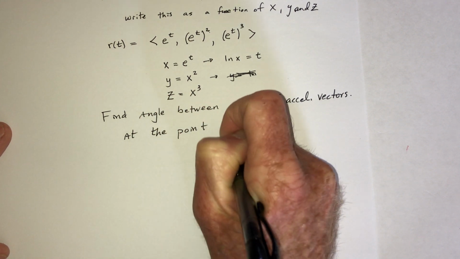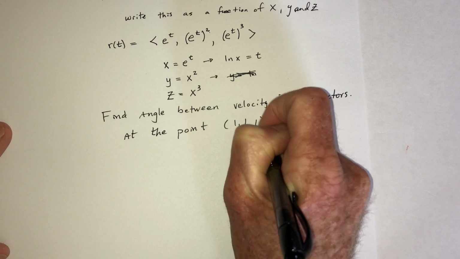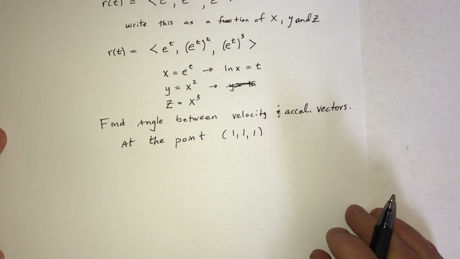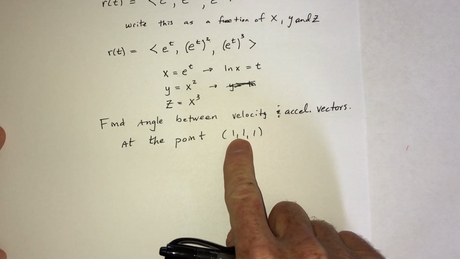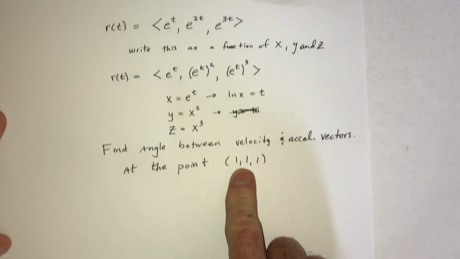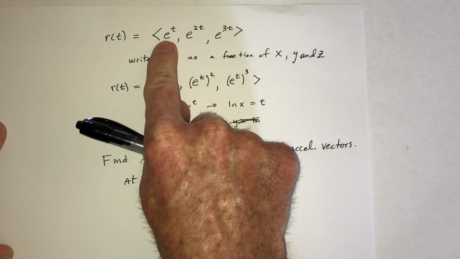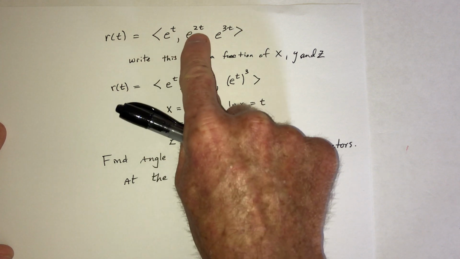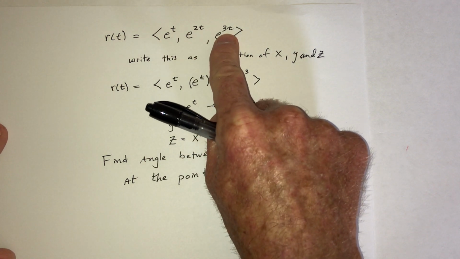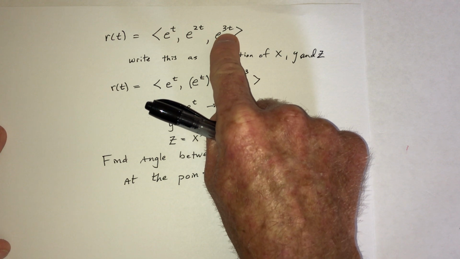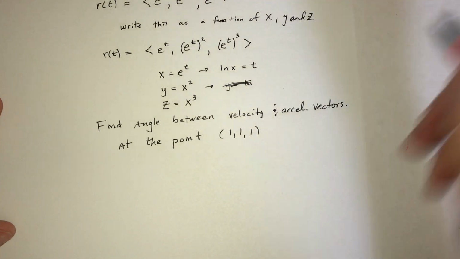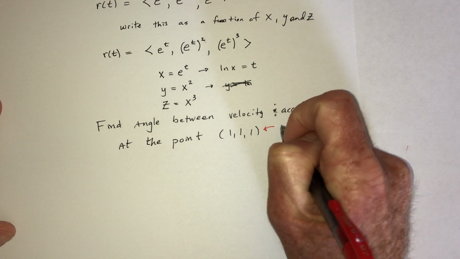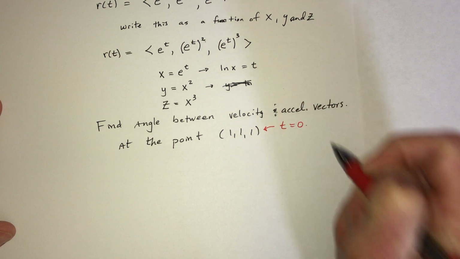At the point 1, 1, 1. So again, this is telling you what x, y, and z equals. So if this equals a 1, that's because it's e to the 0 that equals 1. Here too and here too. That means that t must equal 0. So this is just a sneaky way of saying when t equals 0.